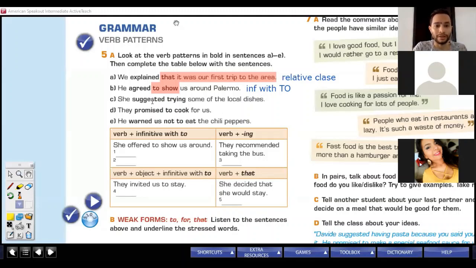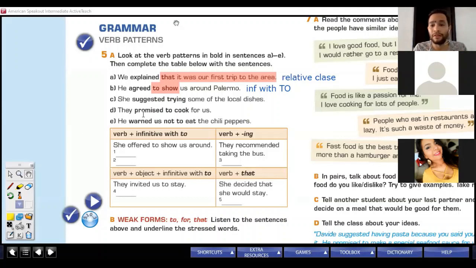We can use it with the ing form, or we could use it with the clause form using that, right? We went through this last week and you got some examples on the PowerPoint presentation that we used last class. So you can go there for further information if you want to practice more.